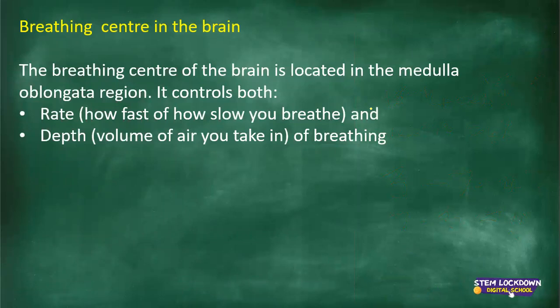And then continuing now with the breathing center in the brain. The breathing center of the brain is located in the medulla oblongata region. It controls both the rate, which is how fast or how slow you breathe, and the depth, which is the volume of air that you take in.